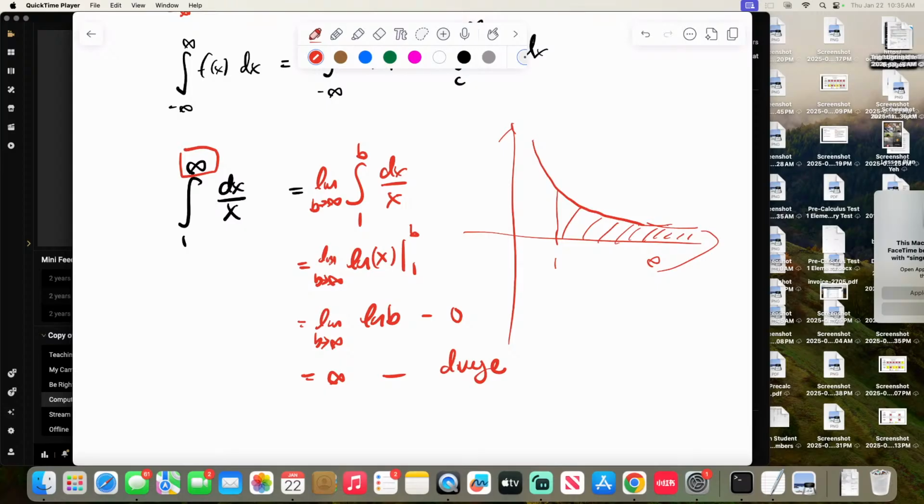But if it's 1.01, it actually will converge. Weirdly, if the exponent is slightly more than 1, even 1.01, it will actually converge, which means you will get a certain value.